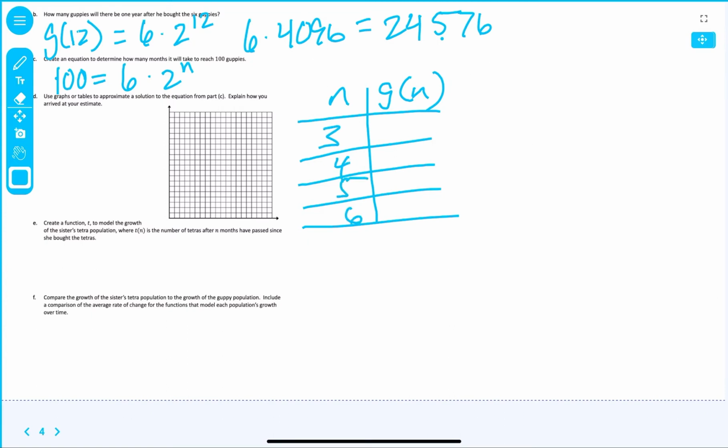So let's plug it in. 6 times 2 to the third. What do we get? Anybody do this? 2 to the third is 8, times 6 is 48. What's 2 to the fourth?